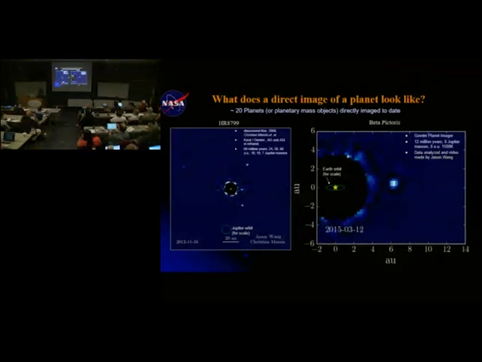One point I'd like to make with these is that, first of all, the star is blocked, and if the star wasn't blocked, you wouldn't see anything there except for the star. These planets are very far away from their star by our standards. So here, for example, is our Earth orbit as it would be at that distance for scale. Also, these planets are very bright compared to the Earth.